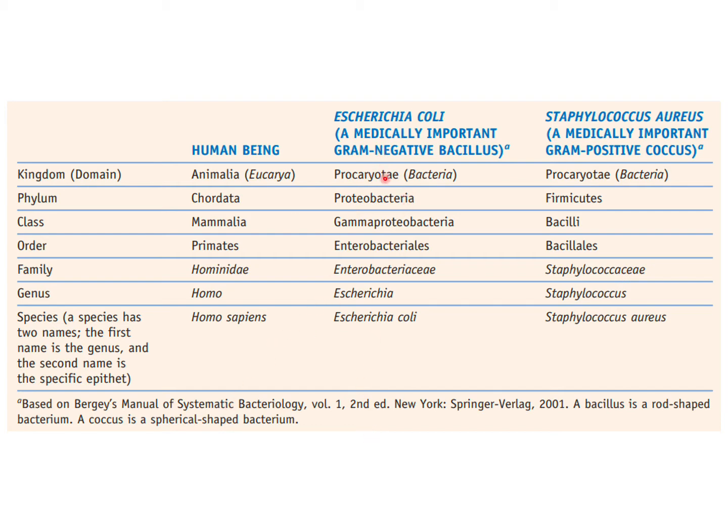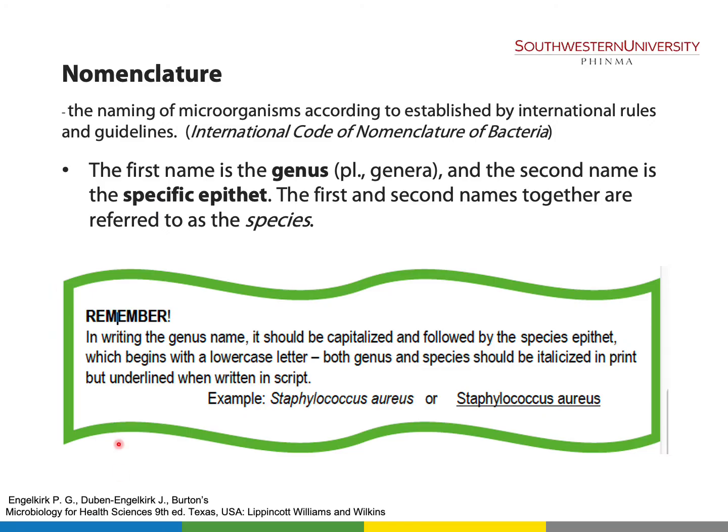For E. coli, you have kingdom Prokaryote, phylum Proteobacteria, class Gamma Proteobacteria, order Enterobacteriales, family Enterobacteriaceae, genus Escherichia, species coli. If you have biotype, you have E. coli O157:H7.